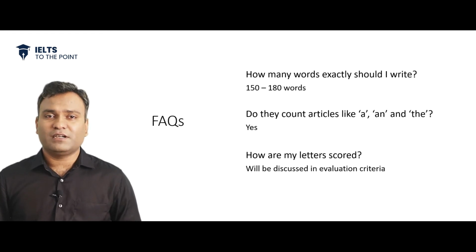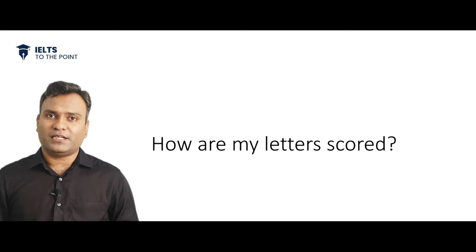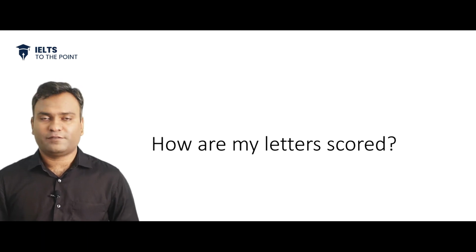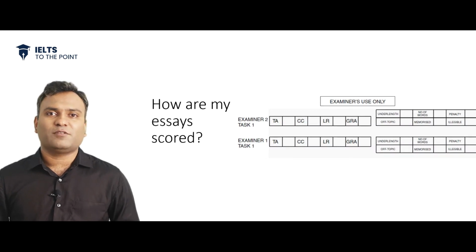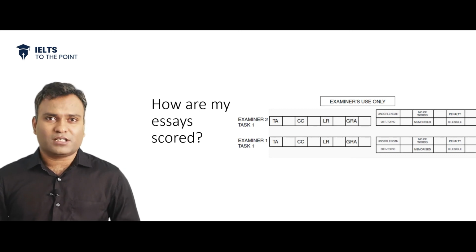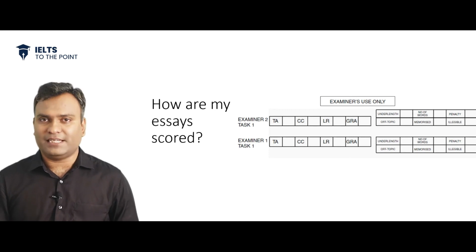Having dealt with frequently asked questions, let's try to understand how your letter is scored in brief. At the bottom of the answer sheet, you will find some of the boxes which are used by examiners to evaluate your letters. These boxes belong to certain important aspects or criteria.